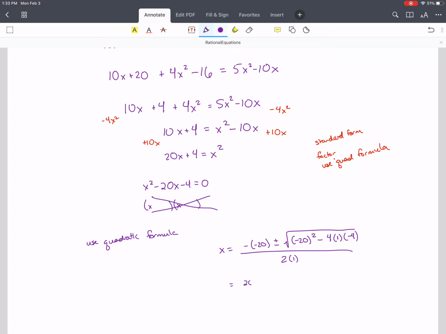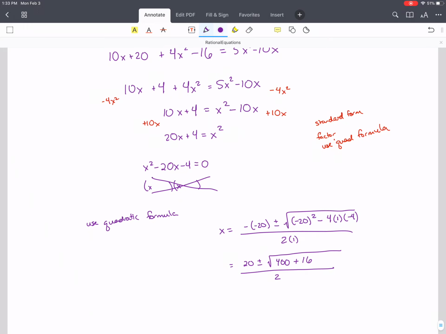So I have 20 plus or minus, 20 squared is 400. Negative 4 times negative 4 is positive 16. So I get 20 plus or minus the square root of 416 over 2.